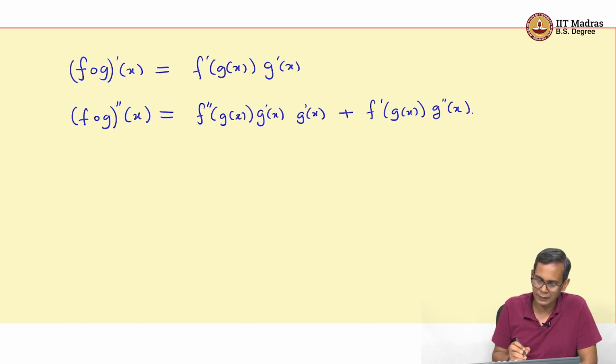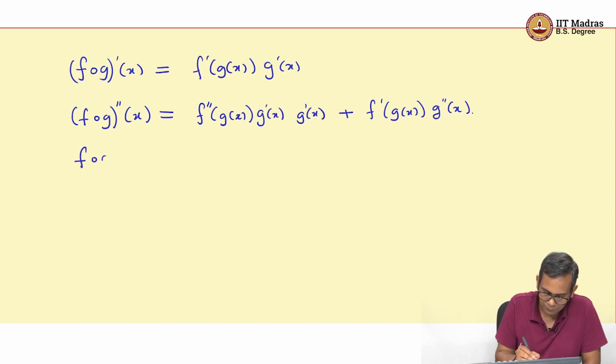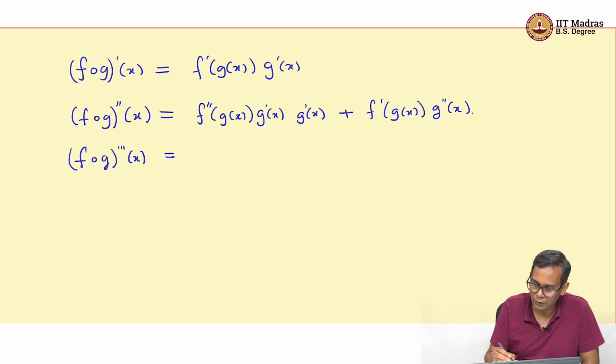Let us try the third derivative. And now things get a bit more interesting. We have to differentiate the second derivative once more. Let us start with the first term. This is f double prime of g of x times g prime of x; let me write this as g prime of x whole squared. Now, let us differentiate this.